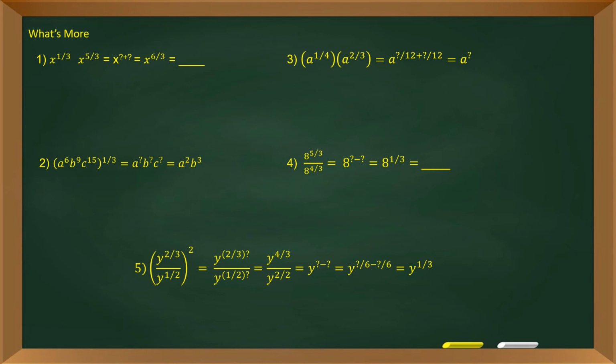Now, on this part of your module, we are going to apply the laws of exponents in simplifying expressions involving rational exponents. So let's do number 1. x raised to 1/3 multiplied by x raised to 5/3.